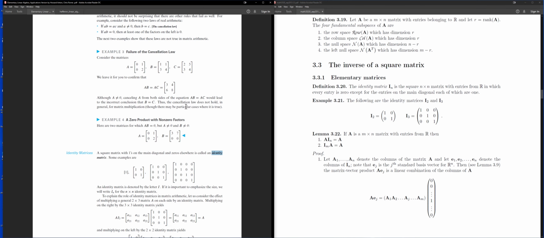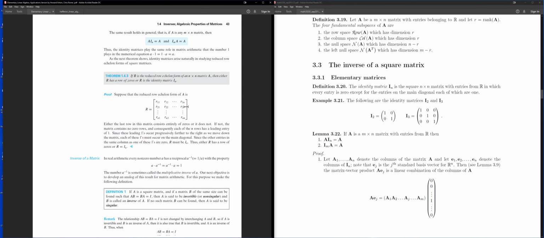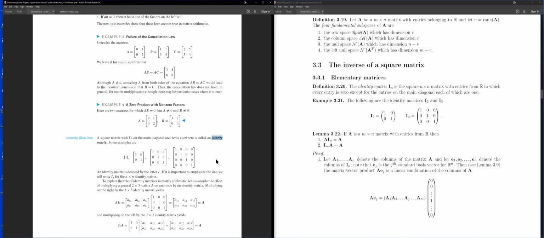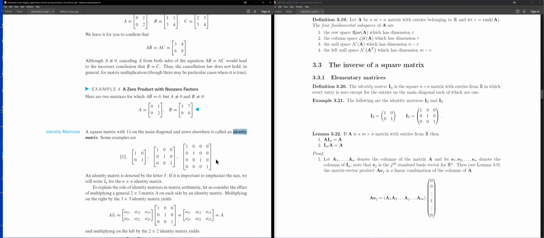Okay. Right, so you'd need a couple of things. Well, let me just remind you of what an identity matrix is, right? This is an example of a 2 by 2 identity. Notice the notation that I use is I2 over here, right? So the 2 by 2 identity is a square matrix of size 2, where you have ones on the diagonal and 0 everywhere else, right?